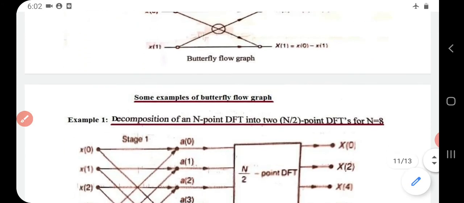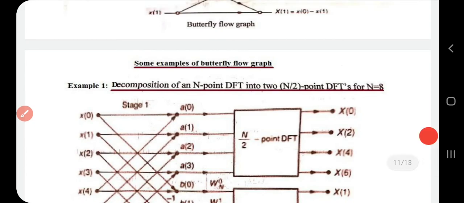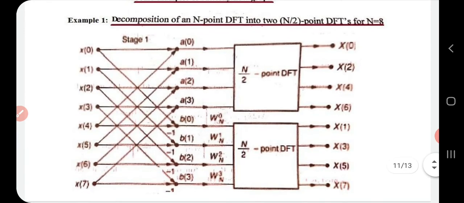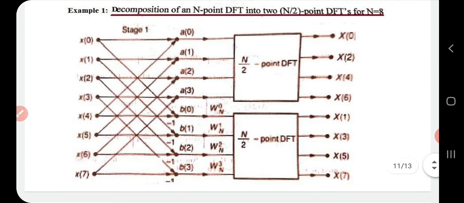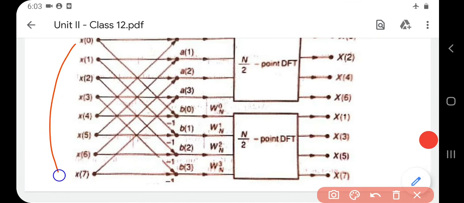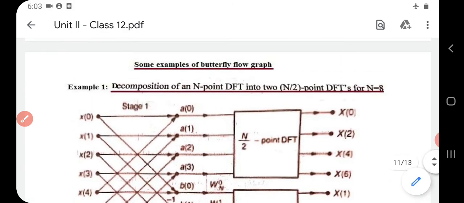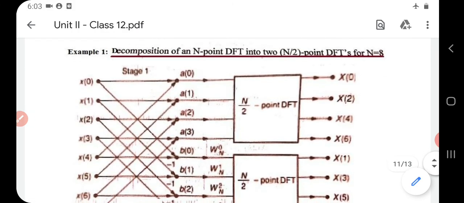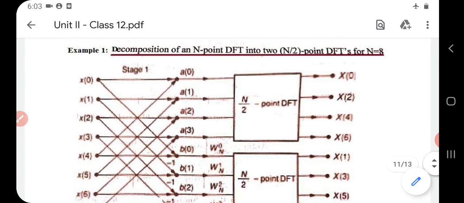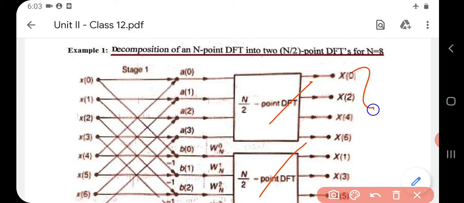Now here are some examples of this butterfly flow graph. Here they have shown the decomposition of an N-point DFT. Here N is equal to 8, that is X of 0 to X of 7, and that particular sequence is split or decomposed into two N by 2 point DFTs. Each of the outputs will have 4 parts.